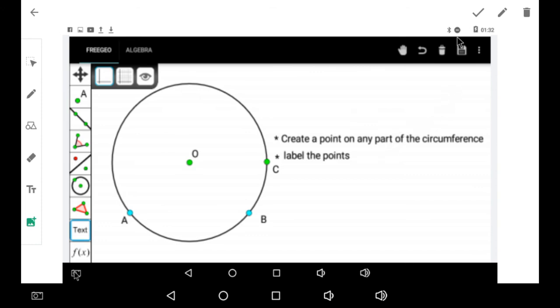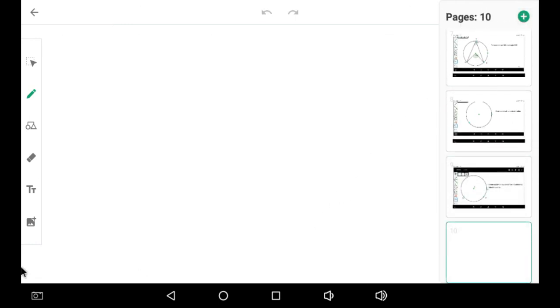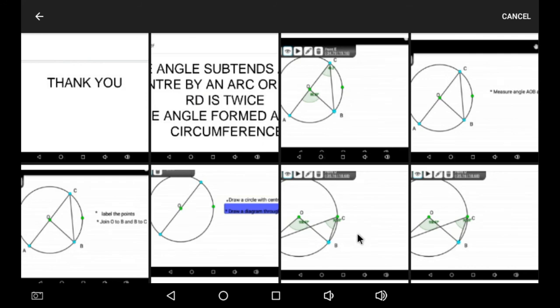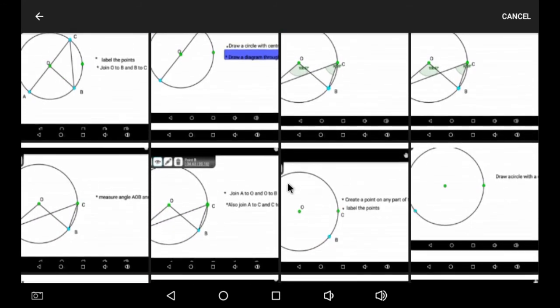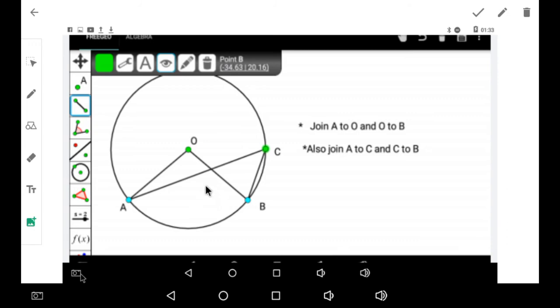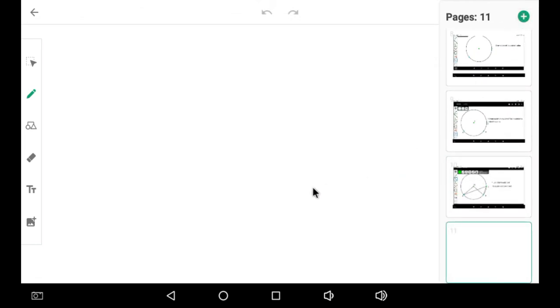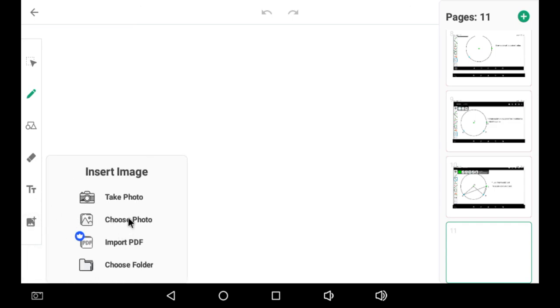We'll move to the next step. By joining the points A to O, O to B. Also, we join A to C and C to B. We continue here.